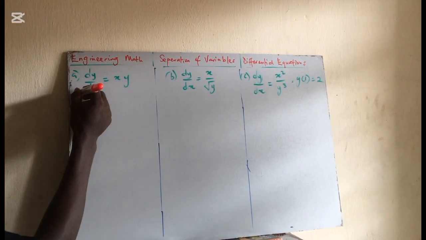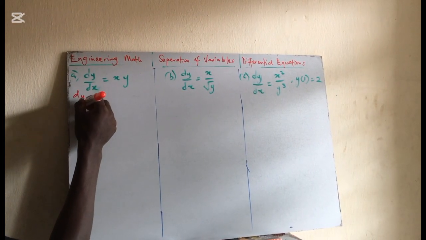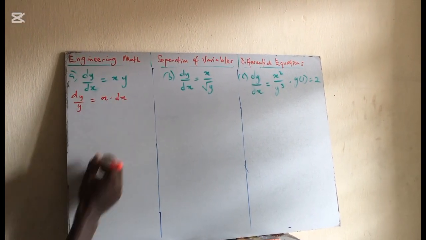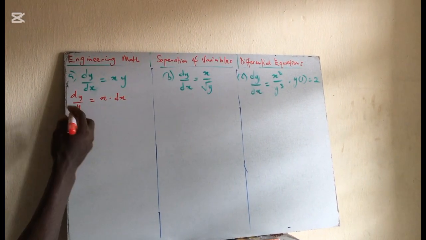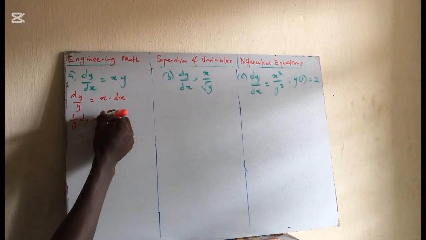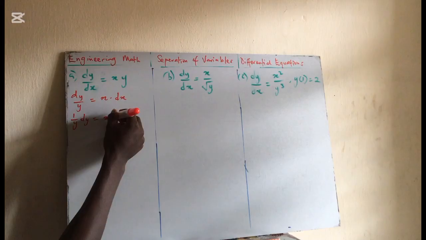So you have dy over y equals x dx. Now you can also write this as 1 over y dy equals x dx.